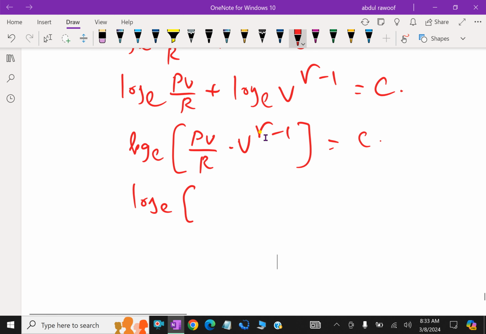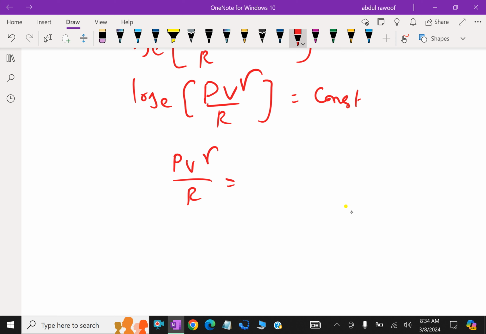Then here, log of something base e equal constant means taking e on both sides, which is equal to PV power gamma over R is e power that constant.